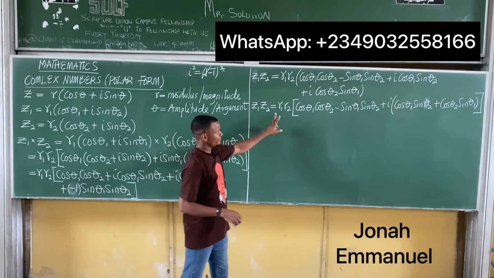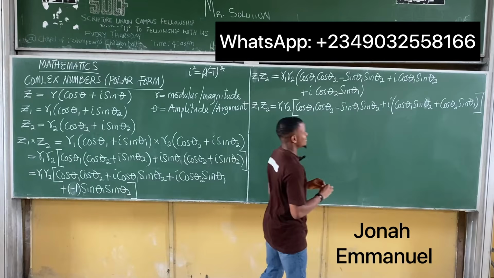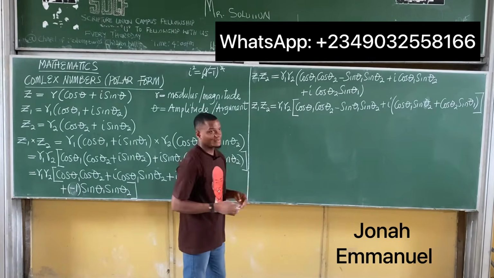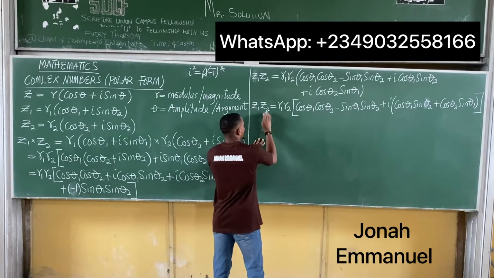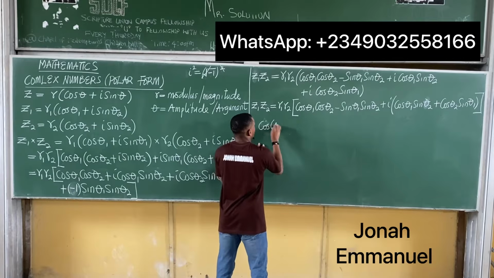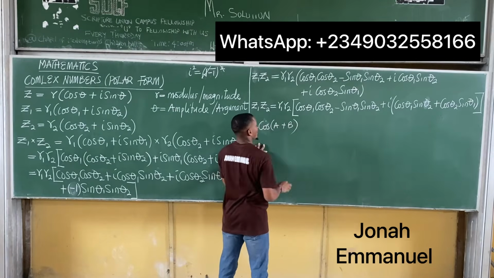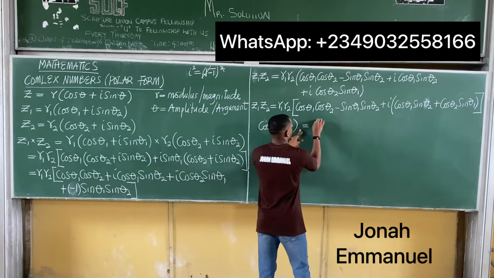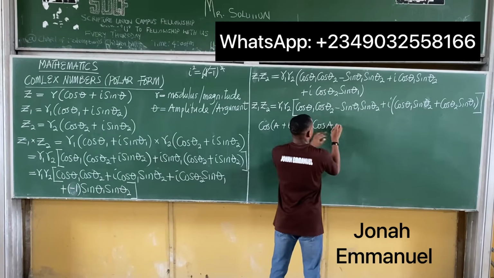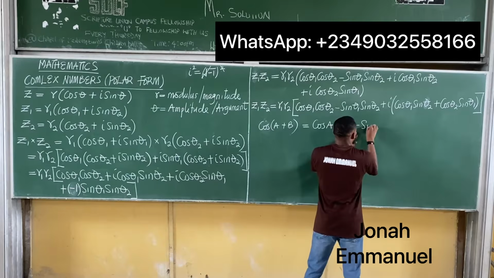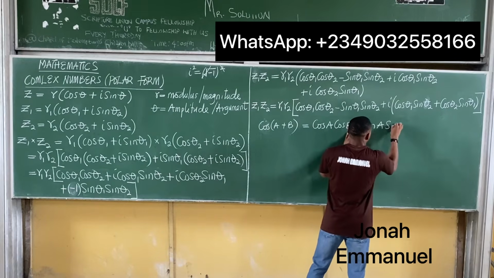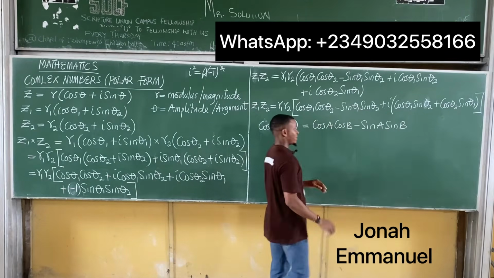My next step would be, from this, I can see a trigonometric identity. Remember that from trig functions, we said cos A plus B is equal to cos A cos B minus sine A sine B. This is a trigonometric identity.